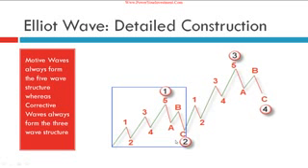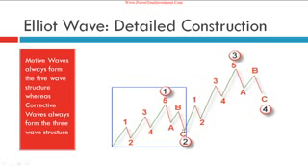Okay? One larger degree wave 2 subdivides into 3 waves of ABC because it's corrective in nature. Again, let me repeat. Anything that determines the direction of the market, the motive wave, moves in a 5-wave structure, whereas anything that corrects a primary trend moves in a 3-wave structure.